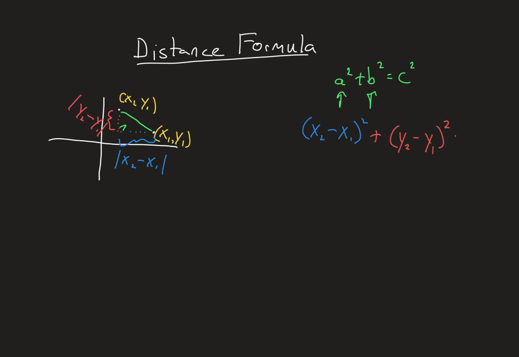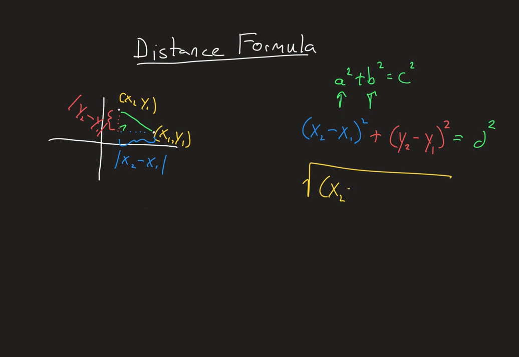And that's going to be equal to my third side squared, which in the formula, you may see represented with d for distance. And then if we actually want to have distance by itself, we would simply square root both sides here. Technically, when we do this, we would have plus or minus the square root of. But because we're talking distance, and distance is always a positive relation, we would only have the positive version as a possible answer.